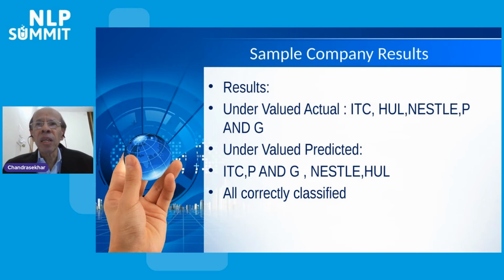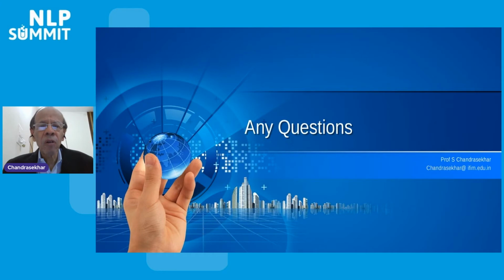Whichever company is above the median value, we classified as overvalued, and whichever is below the median value, we classified as undervalued. We tested with the actual valuation, and with almost 80 to 85% we are able to predict which are overvalued and which are undervalued using our techniques.